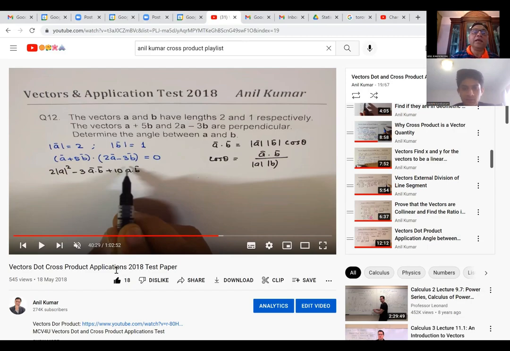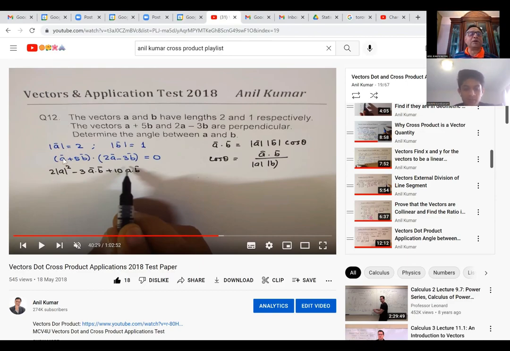The angle between a plus 5b and 2a minus 3b is 90 degrees, but you have to find the angle between a and b. How will you do it? Basically, you have to find a dot b, because a dot b is the magnitude of a times the magnitude of b times cos theta.